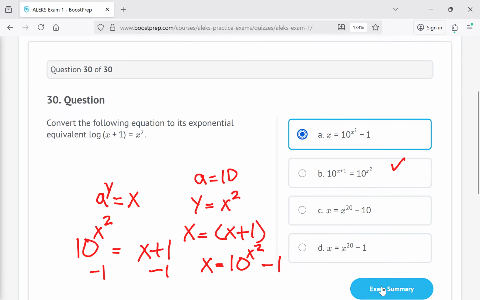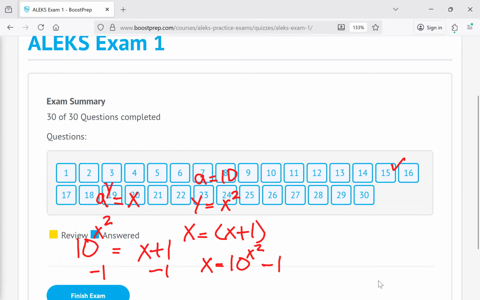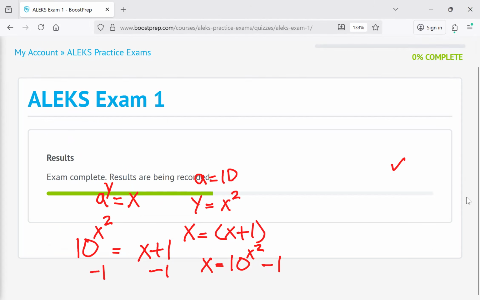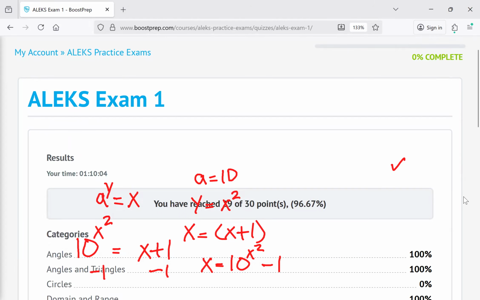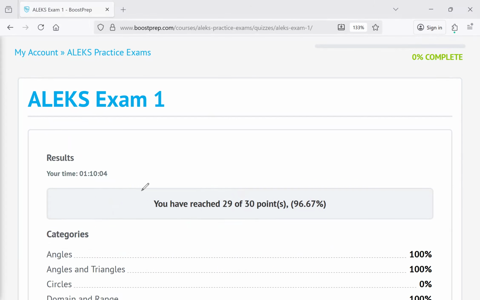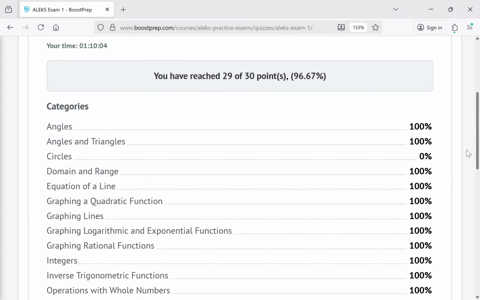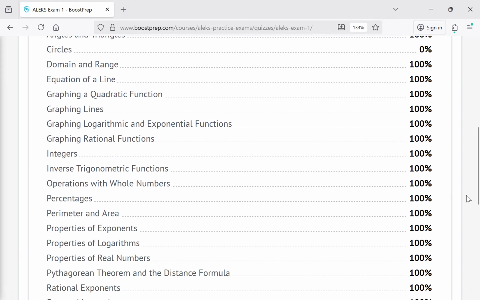Okay, I know I already did this one, but let's just double check what we got. We should get 100. Which one did we get wrong? Let me double check. It says we got 29 or 30. Which one is that going to be? Oh, I see. It's question three. Let's see what I did wrong.